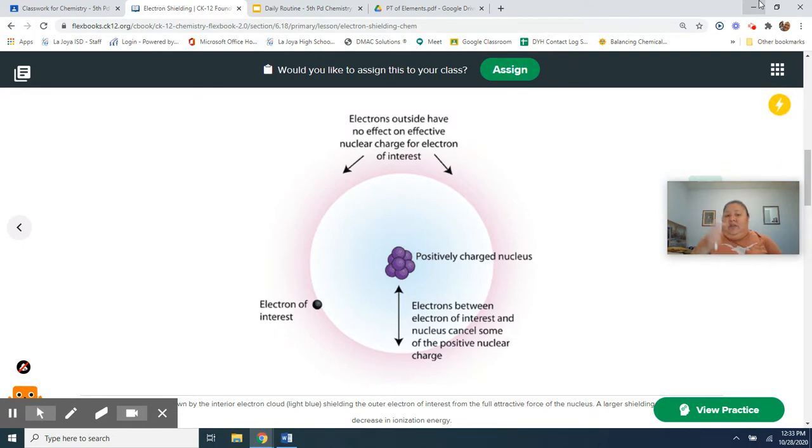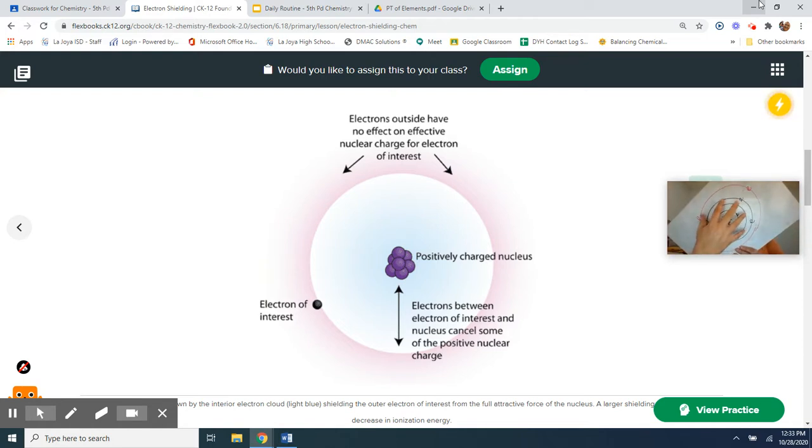So you have inner electrons and outer electrons, and you're going to see what I'm talking about right now. So this is what it looks like. You have your nucleus with all those positive charges, right?